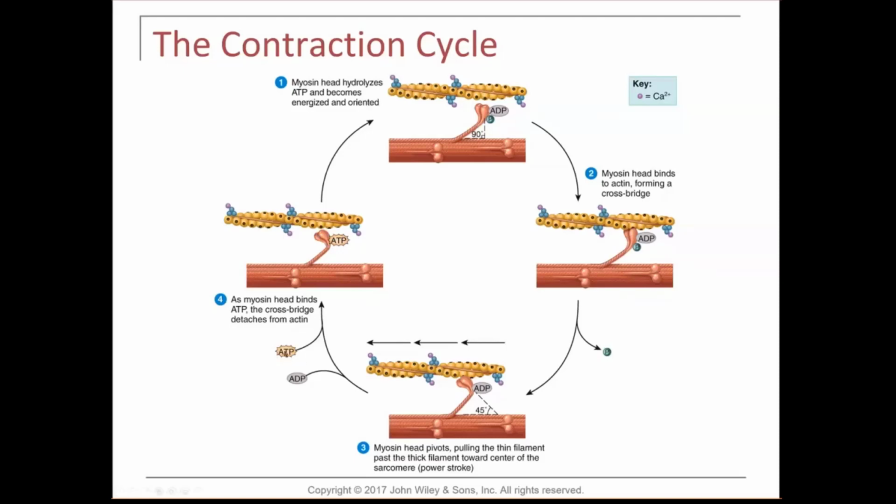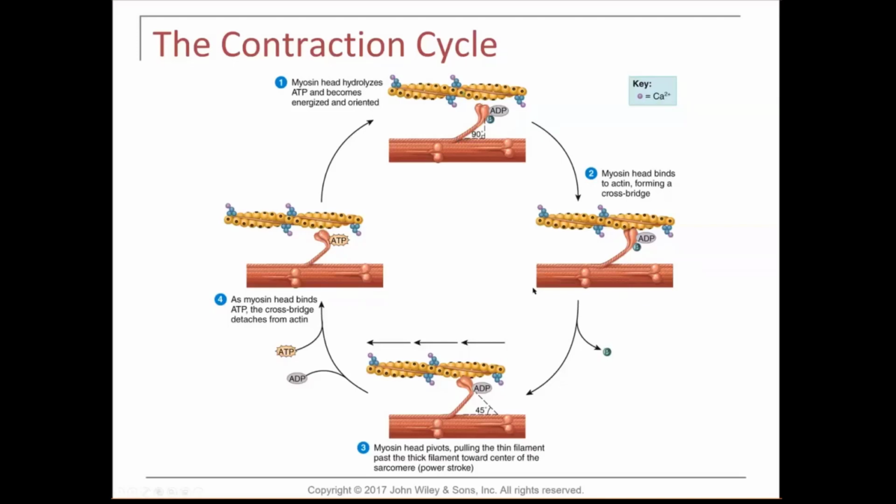So put in a new battery, and that new battery allows the myosin head to detach and attach again to another site and keep on going with that power stroke process as long as that signal is there. Okay? That signal coming from calcium. As long as that calcium is telling troponin to tell tropomyosin to get out of the way, these sites are exposed, and as long as we have enough ATP, this is going to occur.